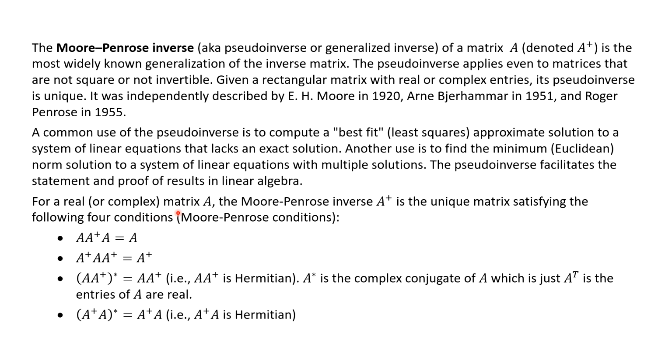So here's the definition. You can have either a real or complex matrix A. The Moore-Penrose inverse, A plus, is the unique matrix satisfying the following 4 conditions. So you have this one here, A times the pseudo-inverse of A times A equals A. And then you can just switch it up a little bit here. The pseudo-inverse of A times A times the pseudo-inverse of A equals the pseudo-inverse of A. And then you have A times the pseudo-inverse, taking the complex conjugate, returns the same matrix.